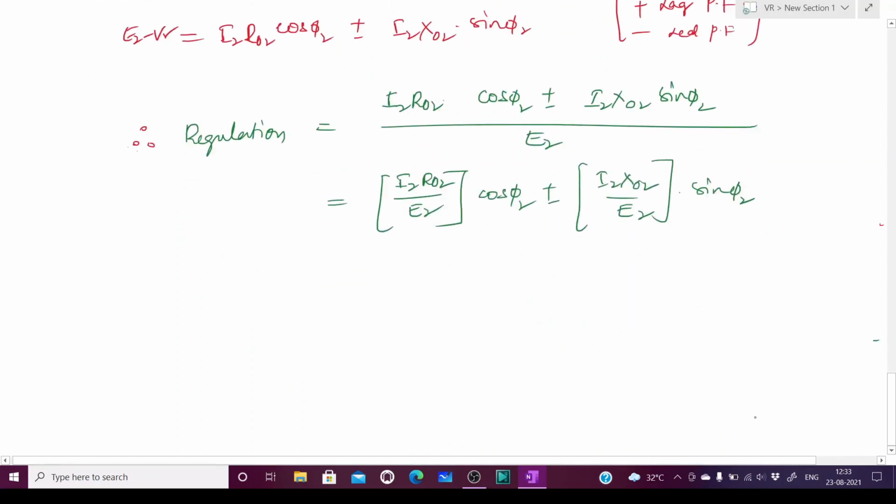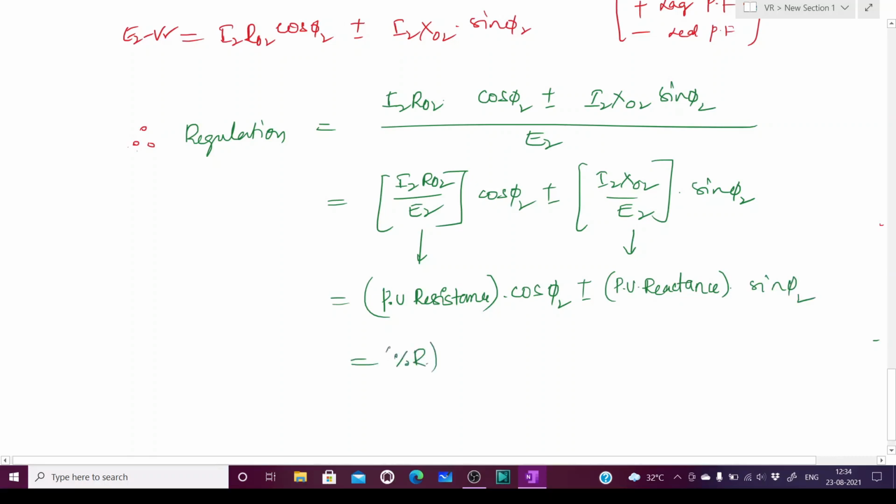Here I2 R02 by E2 is treated as per unit resistance of the transformer, also written as percentage R, and this is called per unit reactance, into sin φ2. So I can write percentage R, the per unit resistance, into cos φ2 plus or minus percentage X into sin φ2.